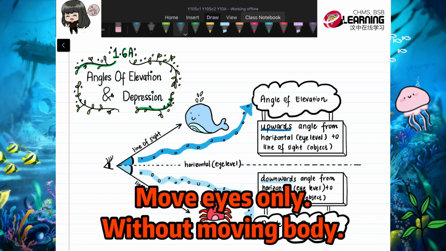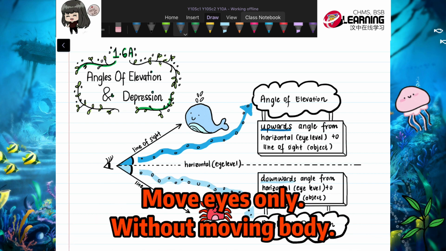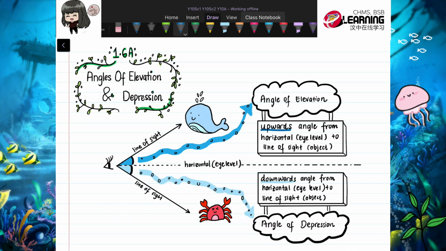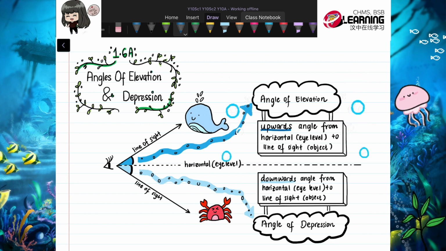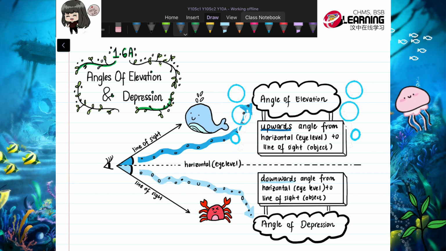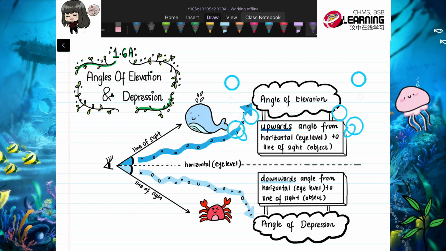If you look up and look at your whale, that angle we call the angle of elevation. You elevate your eyes towards the whale. The definition of the angle of elevation is the upwards angle from horizontal, which is your eye level, to the line of sight to the object that you want to see.